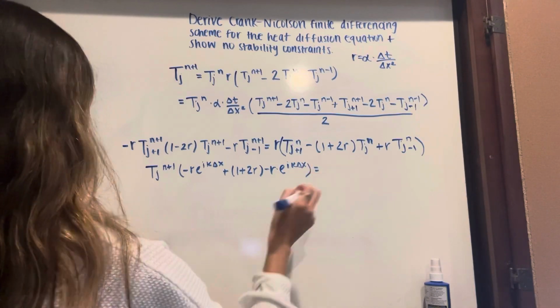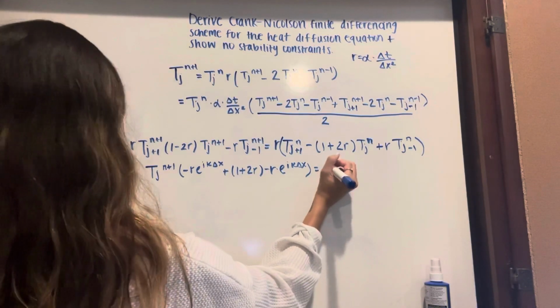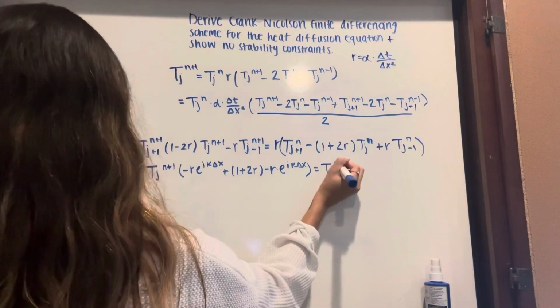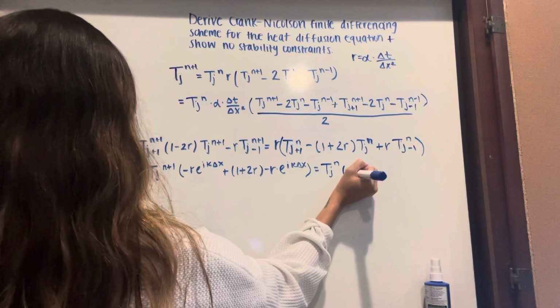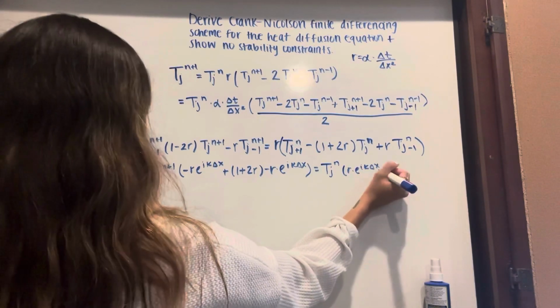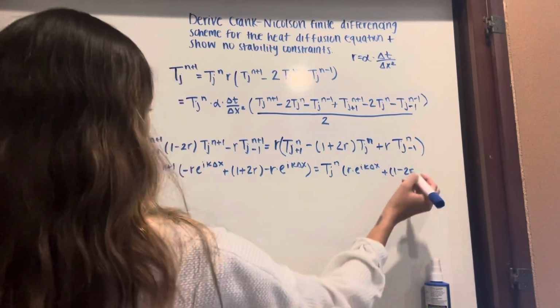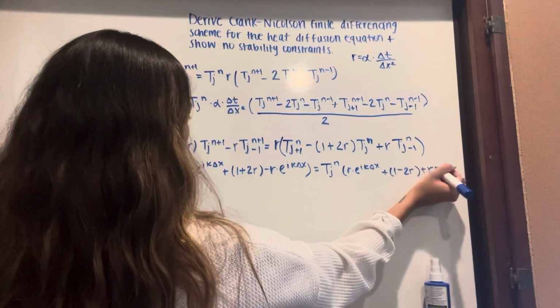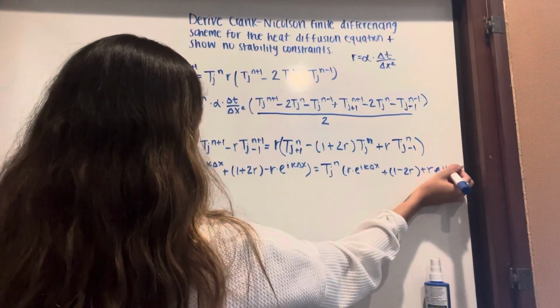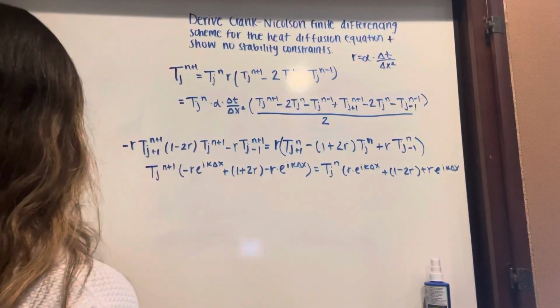And then for the right side, we're going to do the same thing. It is going to be R times e to the I k delta x, plus 1 minus 2R, plus R times e to the I k delta x.